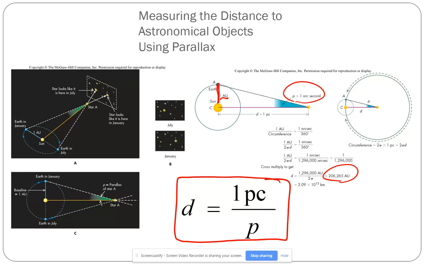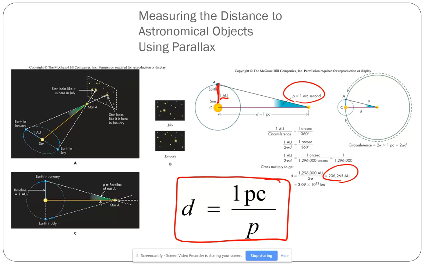The only thing that's really important to know about this is that the angle is measured in arc seconds. The name parsec means parallax arc seconds. I had to sit here and think for a minute. So it's using the parallax method based on how many arc seconds you have for your angle. So we should review what an arc second is.